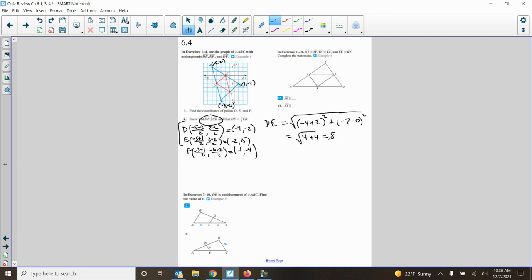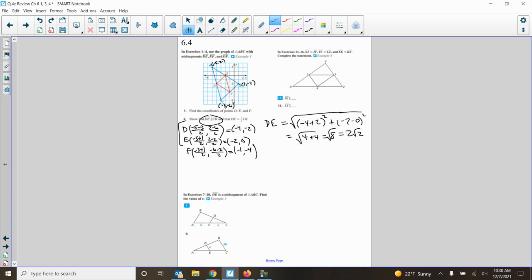And so we get radical 8, which I think is 2 times radical 2. If you buddy system the 8, it's 2 times 2 times 2. Buddy the first 2's. One of the 2's just goes out. The other 2 stays inside. So DE is 2 radical 2.